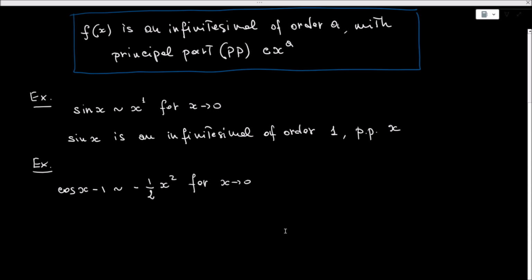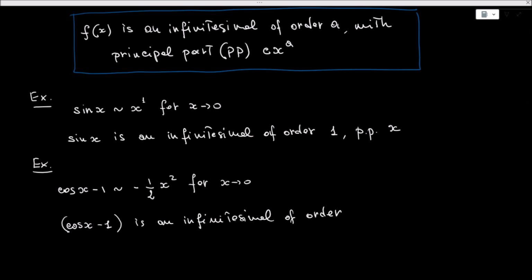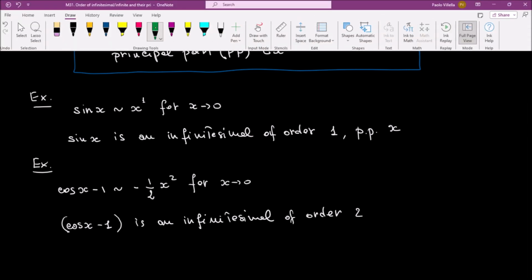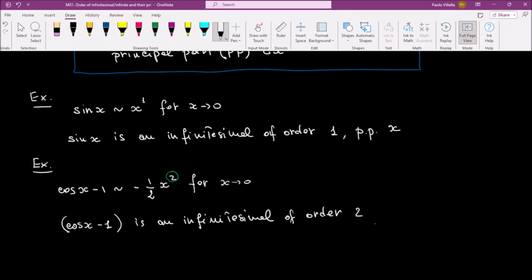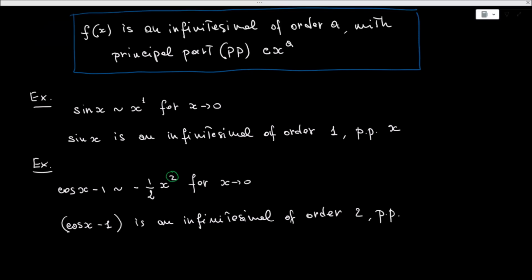So we can say that cosine of x minus 1 is an infinitesimal of order, what is the order now? Well, the order now is 2, just because we have this exponent 2, and its principal part in this case is minus 1/2 x squared. So you recognize that in this case c is just equal to minus 1/2.